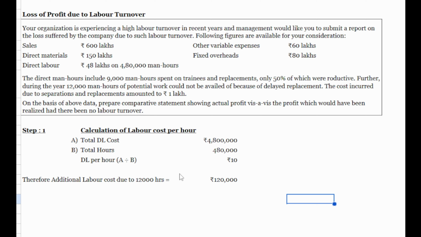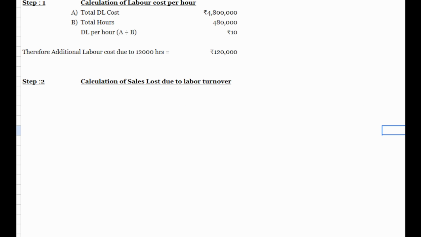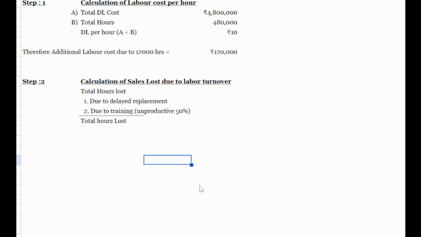Next step, we have to calculate the loss in sales because of these lost man hours. First we will calculate the hours lost. One is due to delayed replacement. Second, the problem also states additional training was provided, and out of that, 50% was unproductive.